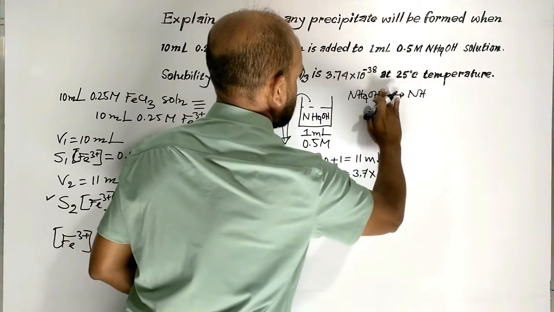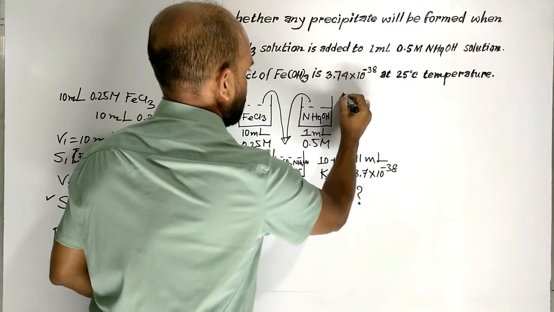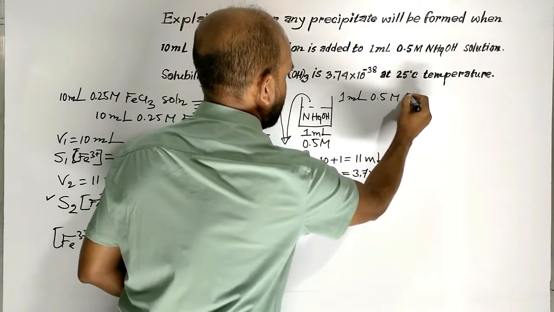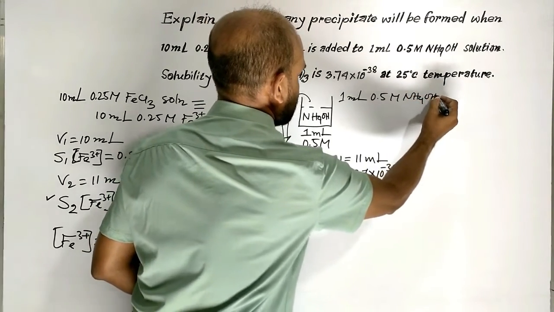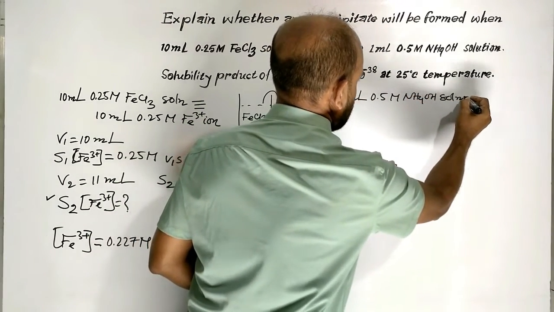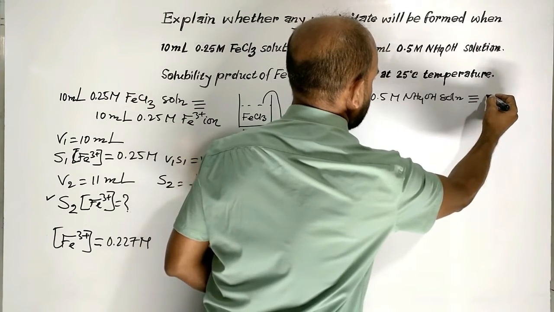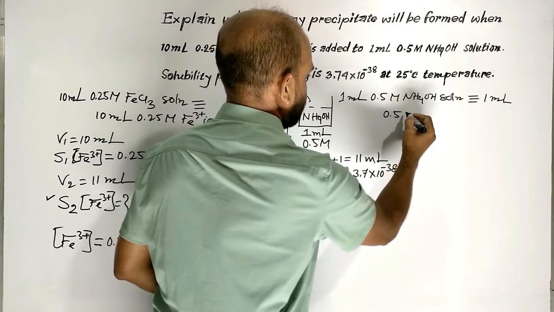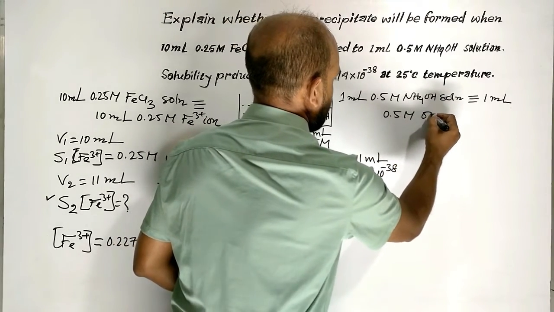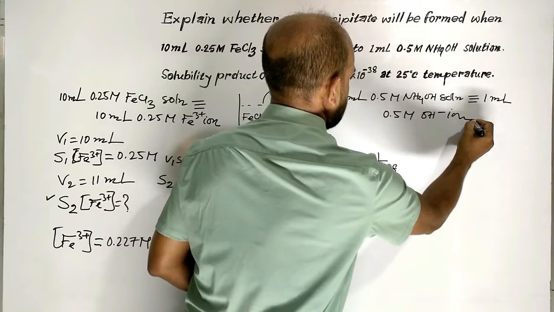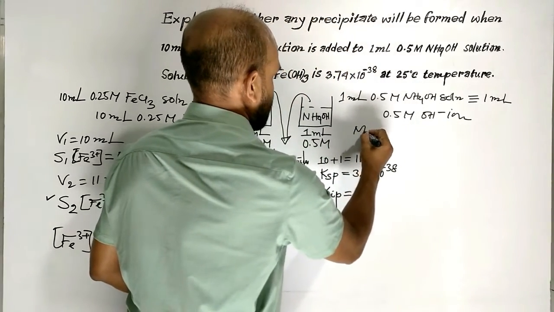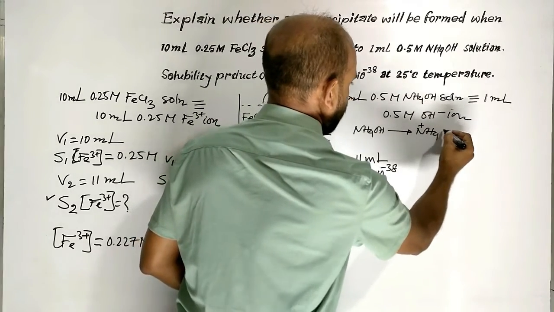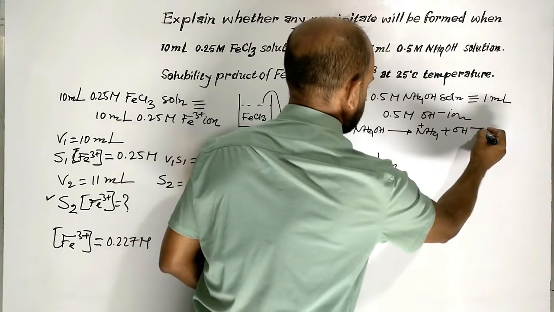Ammonium hydroxide, that is 1 milliliter 0.5 molar ammonium hydroxide solution, is equivalent to 1 milliliter 0.5 molar hydroxide ion, because ammonium hydroxide ionizes to ammonium ion and hydroxide ion.